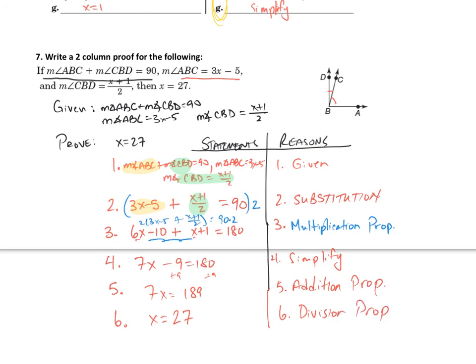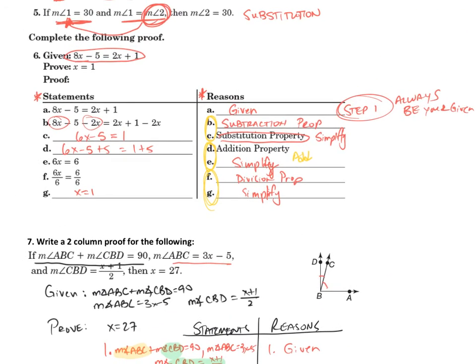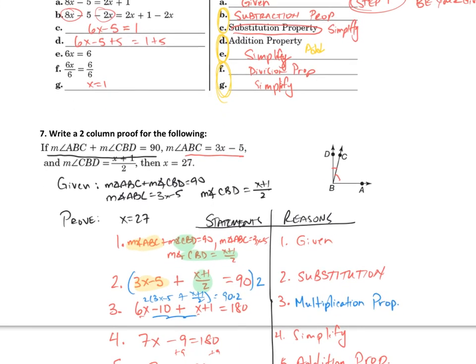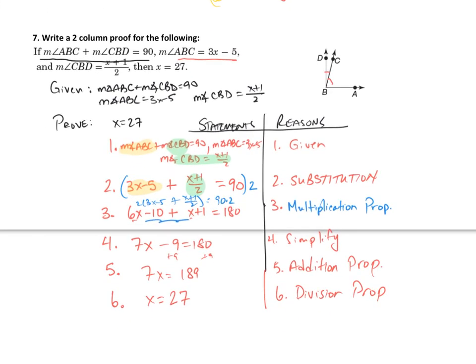So do you see how I skipped a couple steps, whereas up here, when they did this, they showed it to you. And I call this thing where they give you the t-chart, they give you some things here and there and you have to fill in the blanks, a skeleton proof. We're going to do mainly skeleton proofs at first, the first few proofs that we do, until you get used to it, and then I'll have you start doing these t-charts all on your own where you have to set up the given and the prove and do it all.